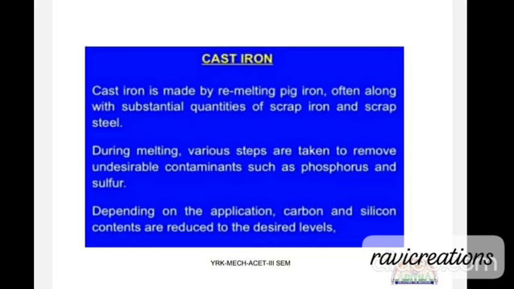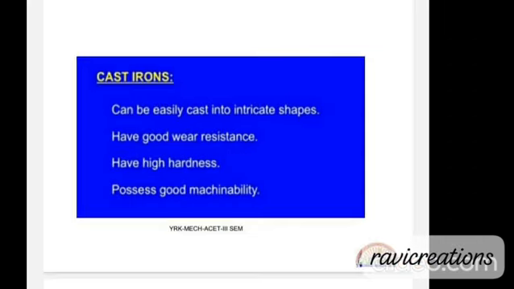It is known for good castability and good wear resistance, and it is used for low cost. That means it is easy to shape into complex forms, and it has high hardness and wear resistance. It is relatively inexpensive when compared to other alloys.